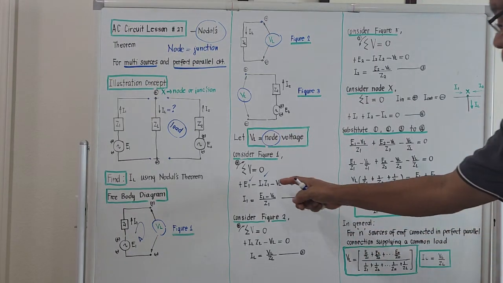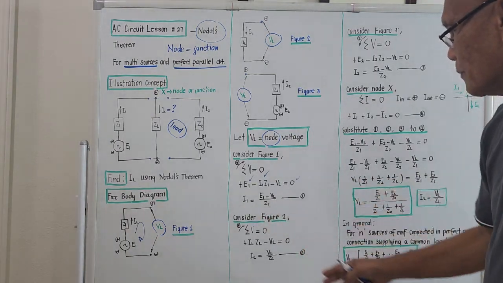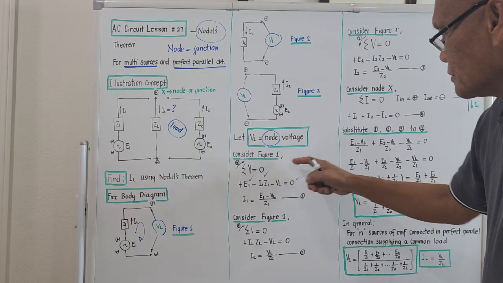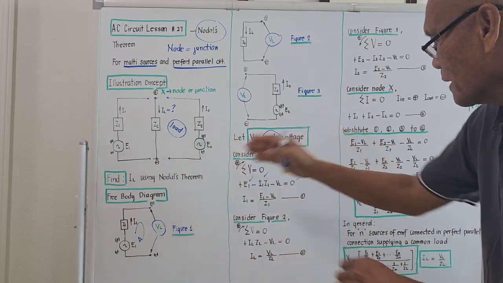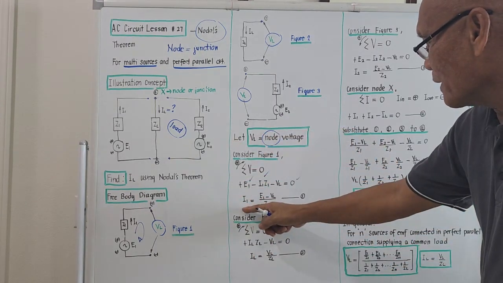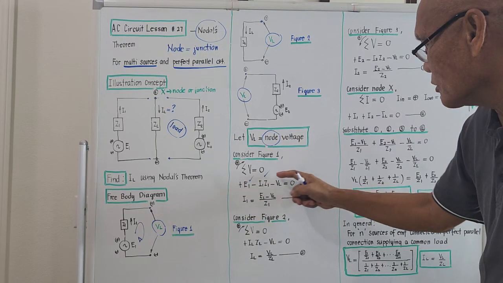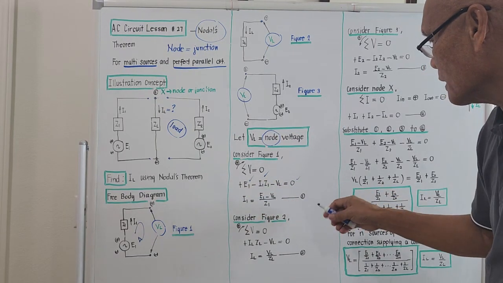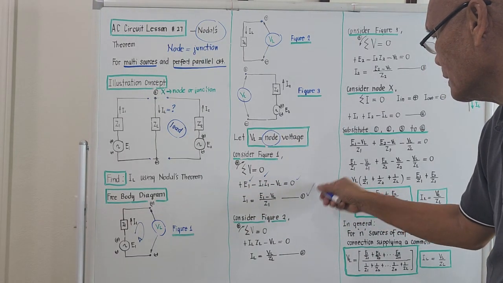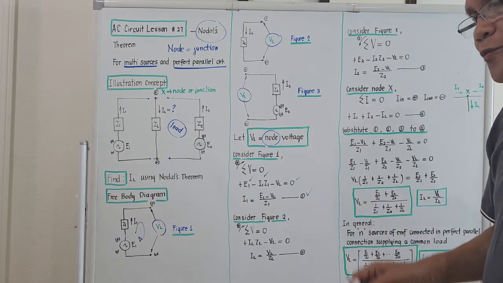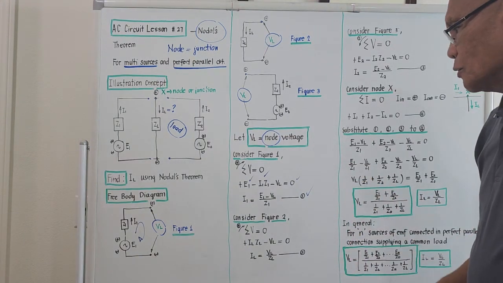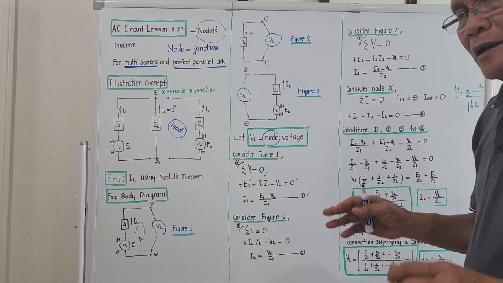If we try to compute for I sub 1, we put this on the right and rearrange. Therefore I1 now will be E1 minus V sub L over C1. We call that equation number 1. We are now formulating our own equation involving the currents.